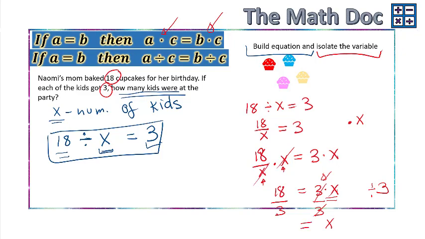And on the left-hand side, we have 18 thirds, or just 18 divided by 3. And that is 6, right? 6 times 3 is just 18. So we get 6. So the number of kids at the party was 6. There were 6 kids at the party.